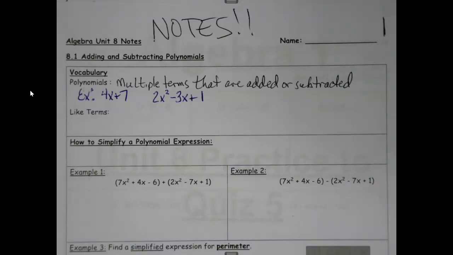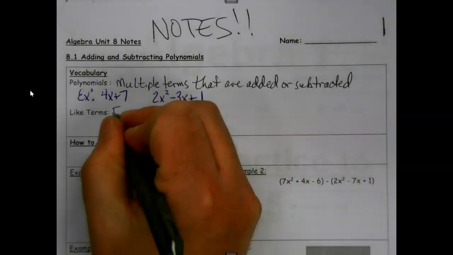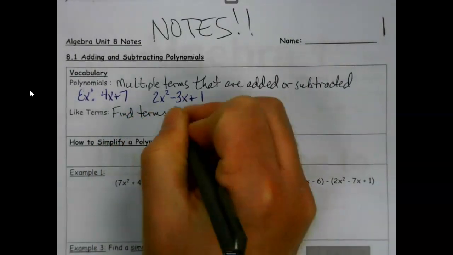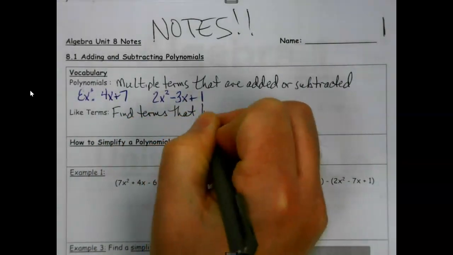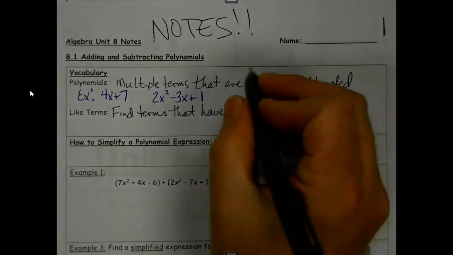Like terms are like 4x. That's right. And so when we get to like terms, thank you, we're going to find like terms. I'm going to take it a little bit deeper than just a like.